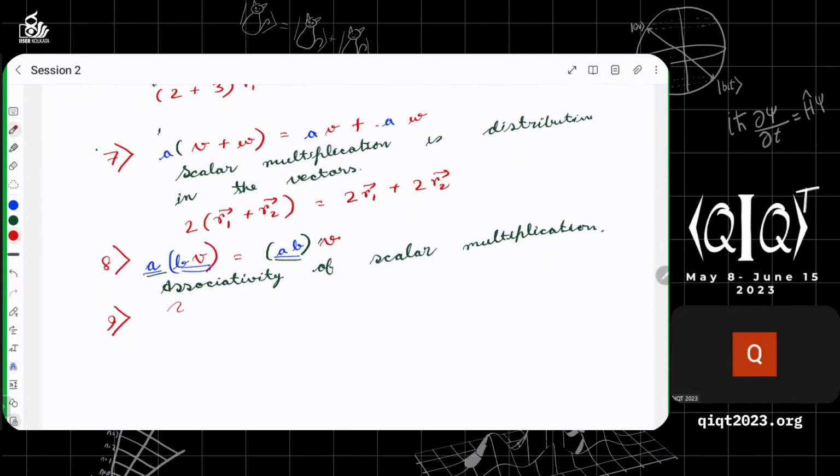Okay, and the final condition that it has to satisfy is that 1 times the vector should give me the vector again, where 1 is the unit scalar in F.